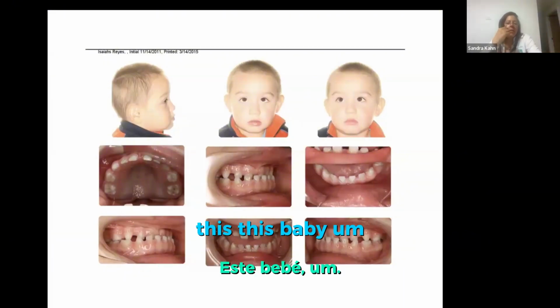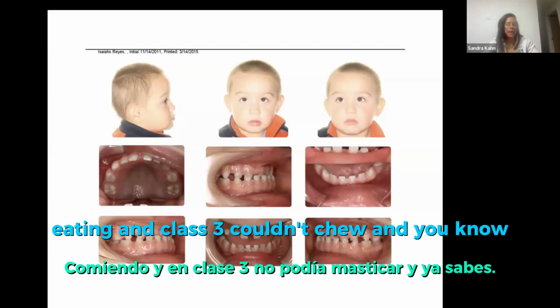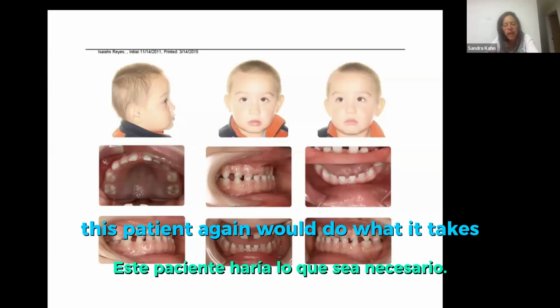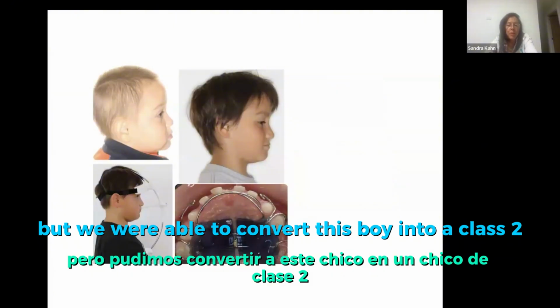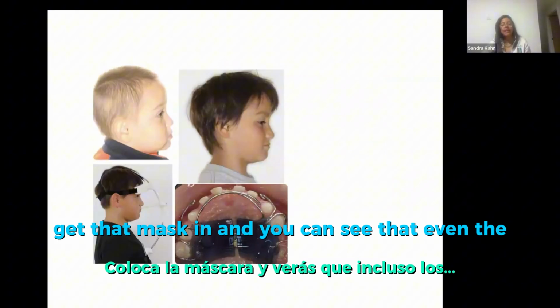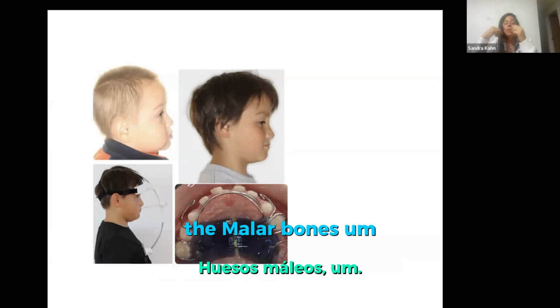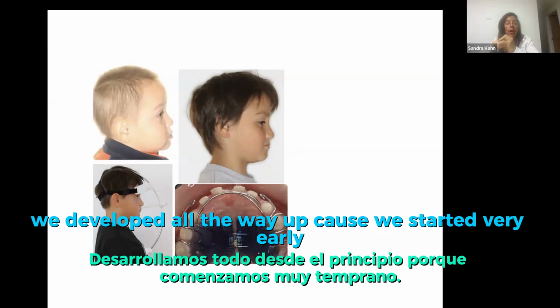Okay, so this baby was having problems eating, and class 3 couldn't chew, and this patient again would do what it takes. I didn't know what I know today, but we were able to convert this boy into a class 2 boy, because we were able to get in early, get that mass in, and you can see that even the malar bones, we developed all the way up, because we started very early.